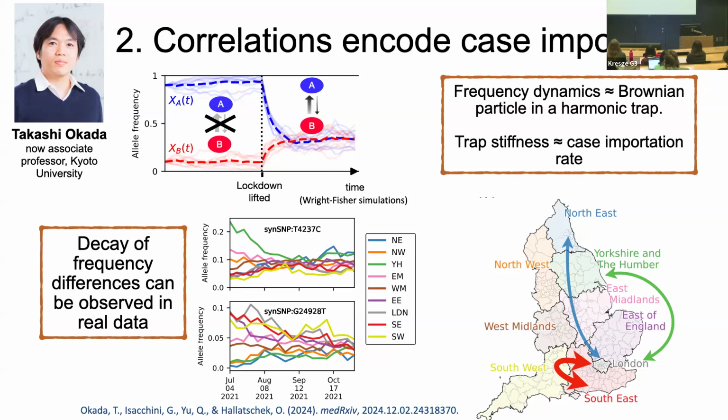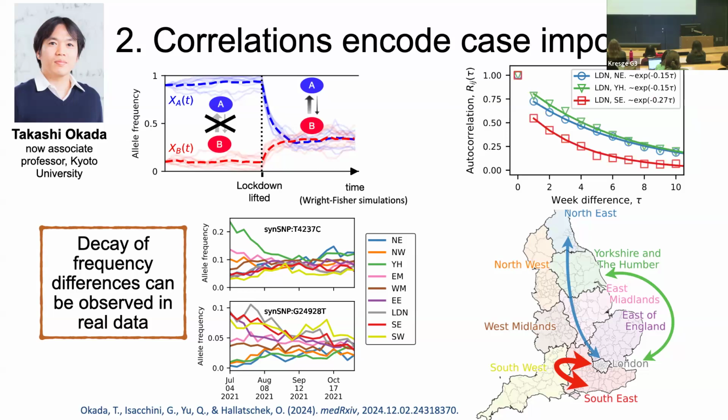Of course, there's a lot of noise, but the power of this method arises when you average over all possible SNPs to see this convergence. And in fact, here's another empirical measure.